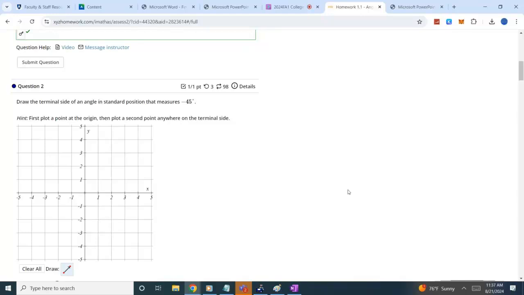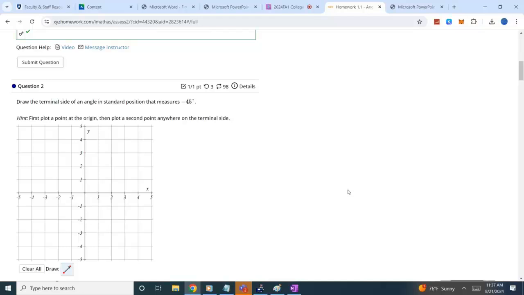So now this is negative 45 degrees. So what quadrant would negative 45 degrees lie in? Quadrant 4. Because remember, it changes up. For positive angles, this is 0, 90, 180, 270, 360. But for negative angles, this is 0, negative 90 is here, negative 180, negative 270, negative 360.